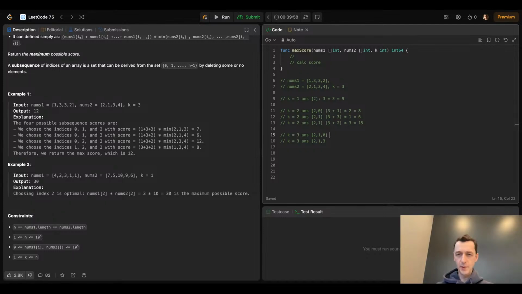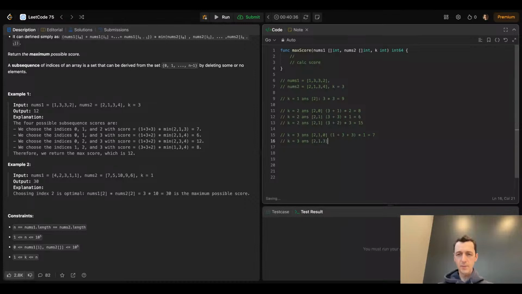So with the 0, it will be 0, 1, 2. So what will be 1 plus 3 plus 3. And that will be multiplied by 2, which is the smallest one. Oh no, it will be multiplied by 1. So that is 7.